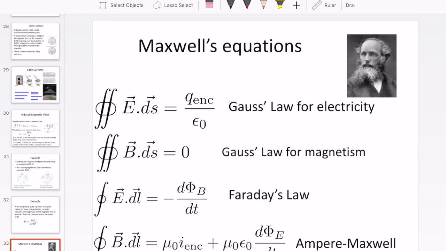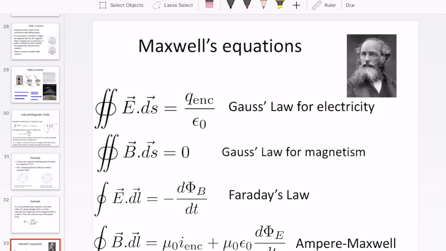So I just wanted to emphasize one thing. The Ampere-Maxwell equation, Maxwell added this extra term, and he did this purely mathematically. He didn't do any experiments or anything to figure out that an extra term has to be there. He just added that term purely on mathematical reasoning.